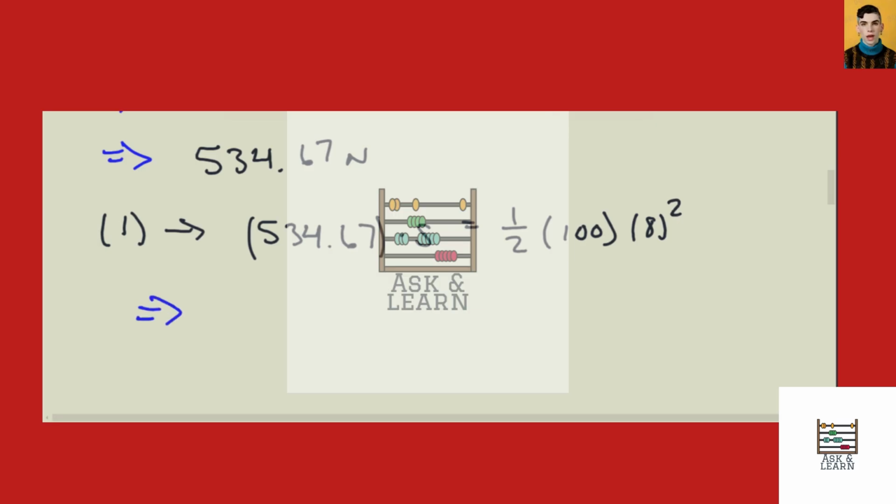So now we can just solve for s by dividing both sides by 534.67. So s, the distance, is found as 5.98 meters.